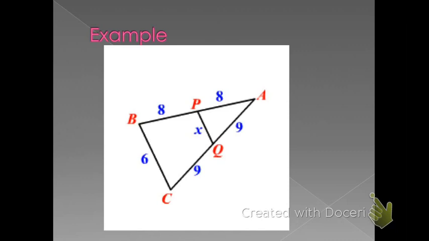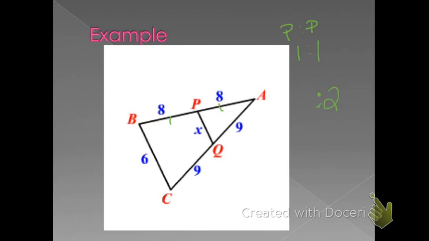So let's put this into practice. We have these two pieces. These are in a 1-to-1 ratio, so this is part to part. I would add up 1 and 1 and I would get 2.